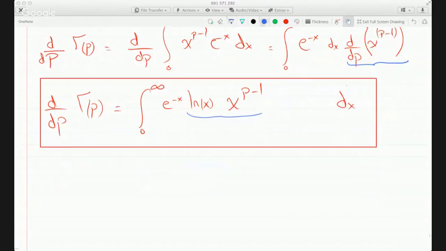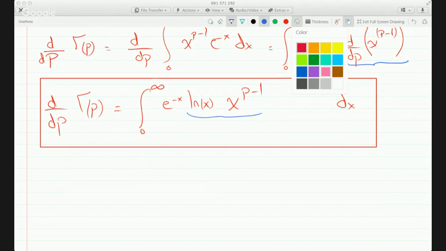Okay, and now it's asking you to prove that the nth derivative will get you the same thing except ln x raised to the n.